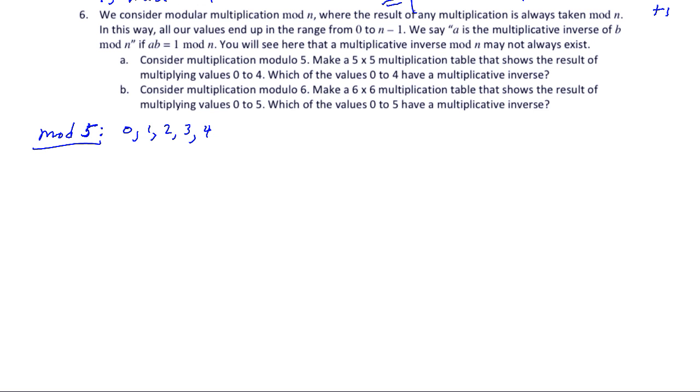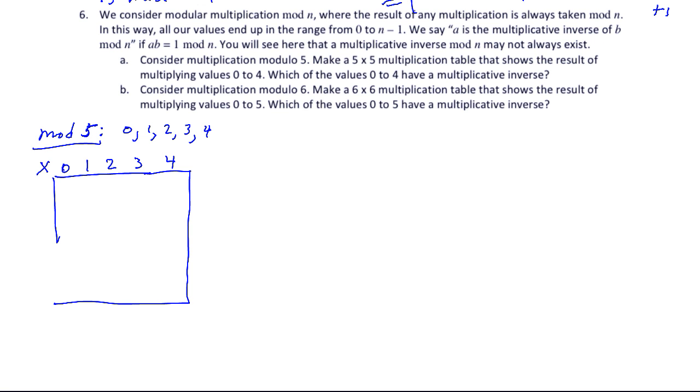And so in the modulo 5 universe, if I want to do a multiplication table, I'm going to have just 0, 1, 2, 3, and 4 in that table. And so I can now fill in this table.